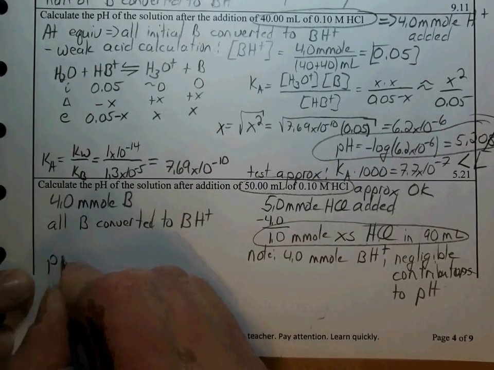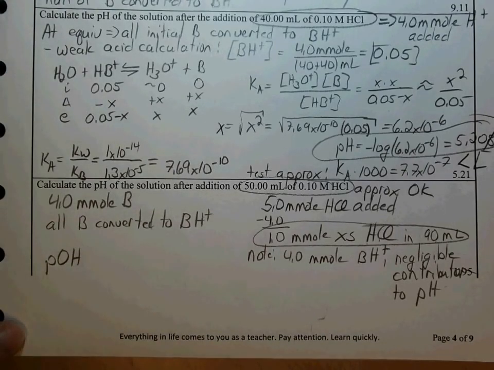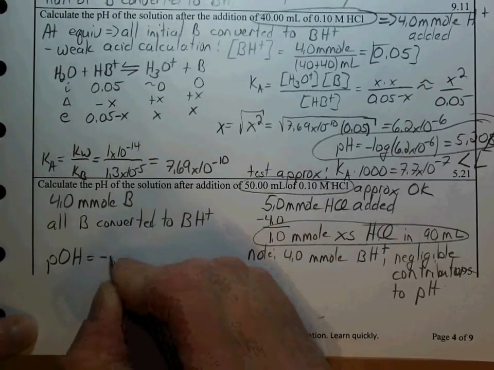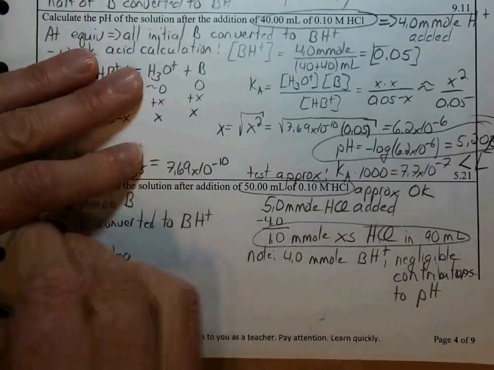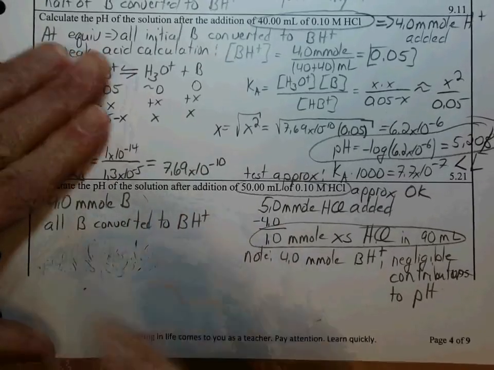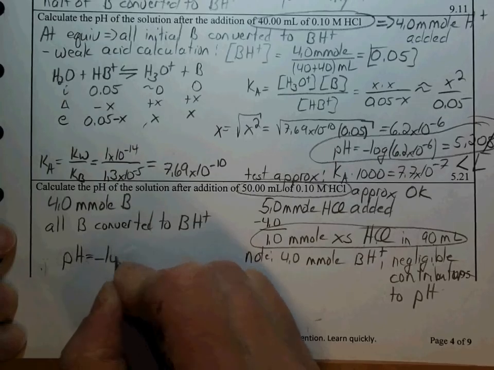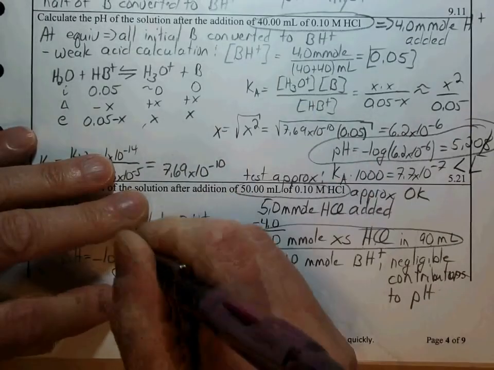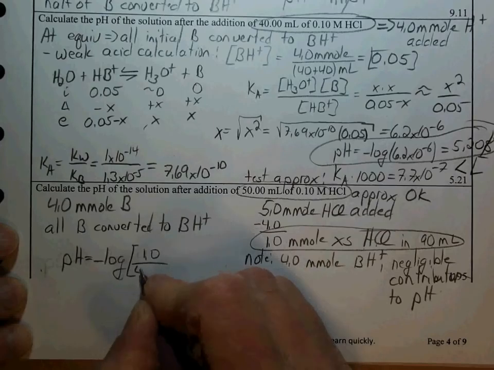So our pH, or actually let's go to pOH. Is going to be the negative log of our hydroxide, or what am I doing? I can go right to pH. pH is the negative log of H3O plus, or we have 1 millimole in 40 plus 50 milliliters.